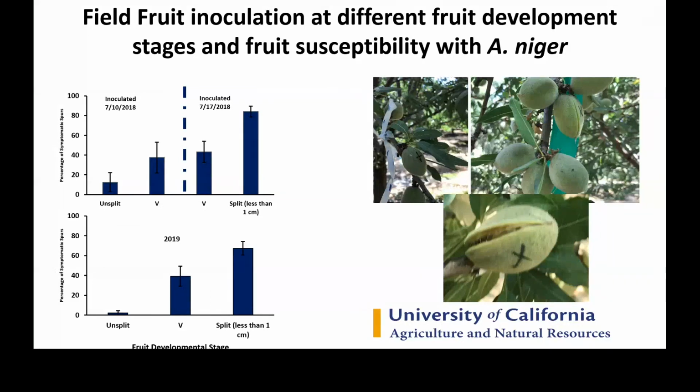So there are 2 important things. 40% is quite a bit, but the most susceptible stage is actually when the fruit is less than 1 centimeter or 3/8 of an inch open. It's completely open.